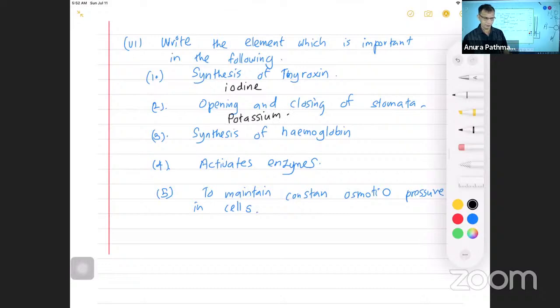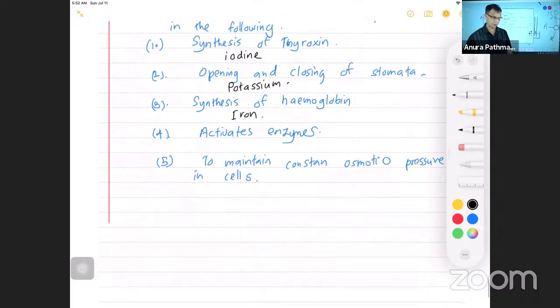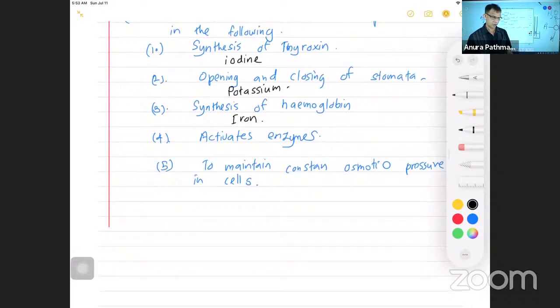Synthesis of hemoglobin. Iron. Activates enzymes. Sodium. And the last, to maintain constant osmotic pressure. Sodium.